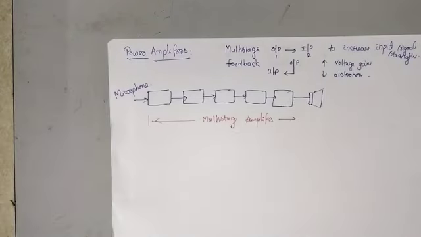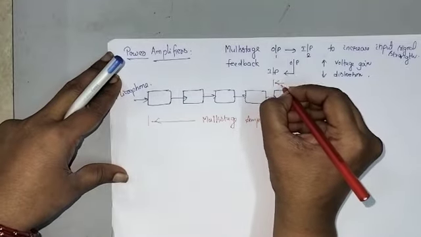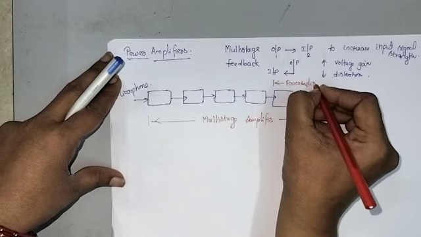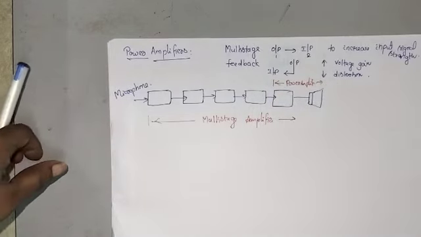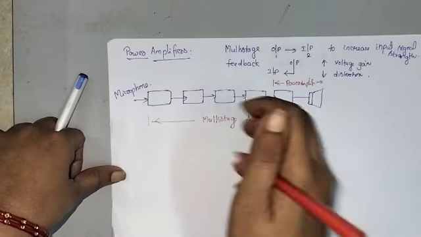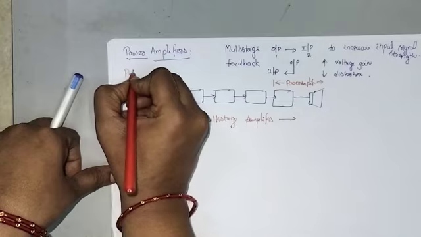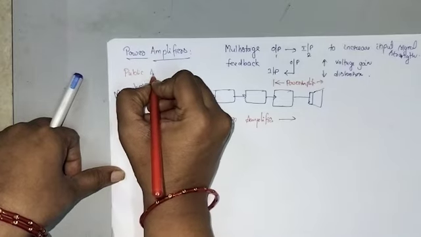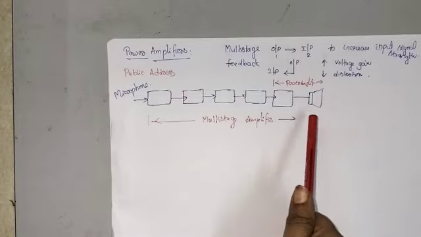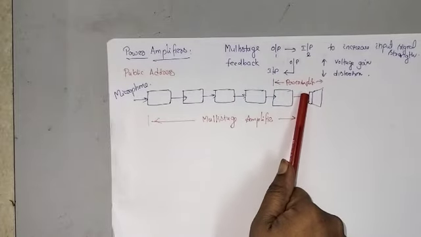Here the last stage, which is connected to the load, is called the power amplifier. Here the load is the loudspeaker. So this is the public addressing system block diagram. The last stage which is connected to the load is called the power amplifier.